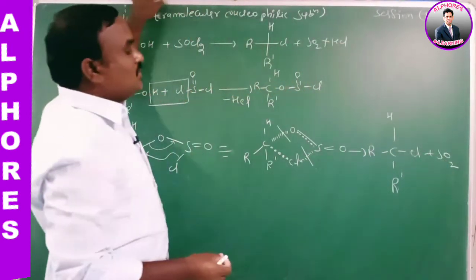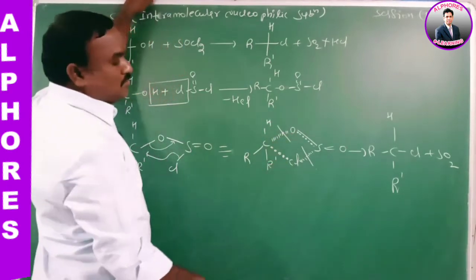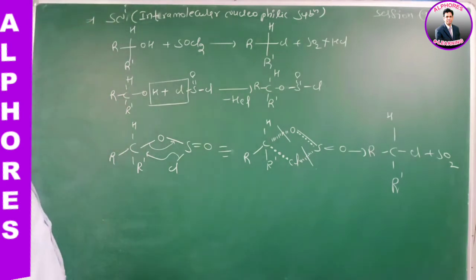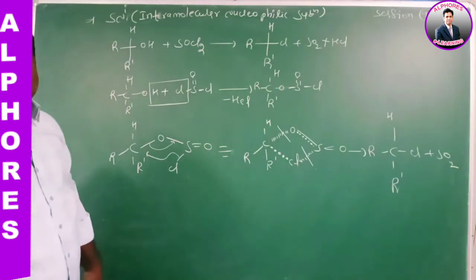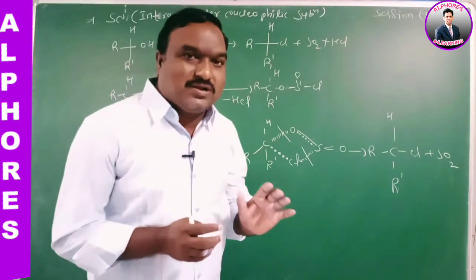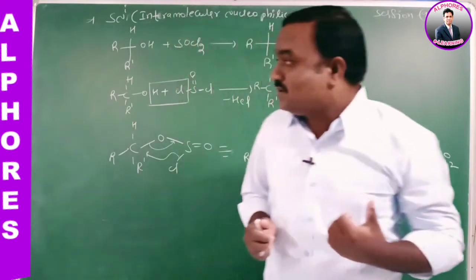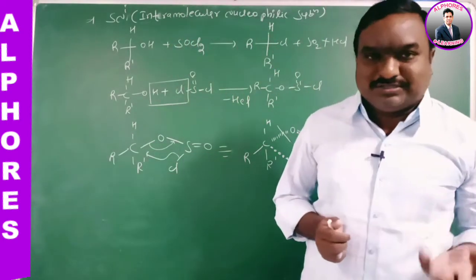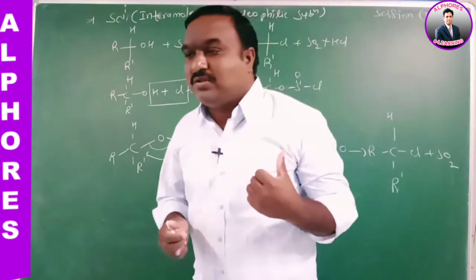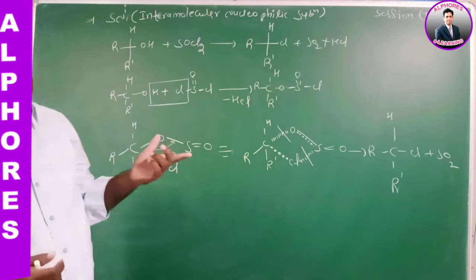So the outgoing oxygen and incoming chlorine are in the same compound. So these types of reactions are called intramolecular nucleophilic substitution reactions. Alcohols undergo these reactions in the presence of COCl2 or SOCl2 to form the final product. Retention product is important in this case.